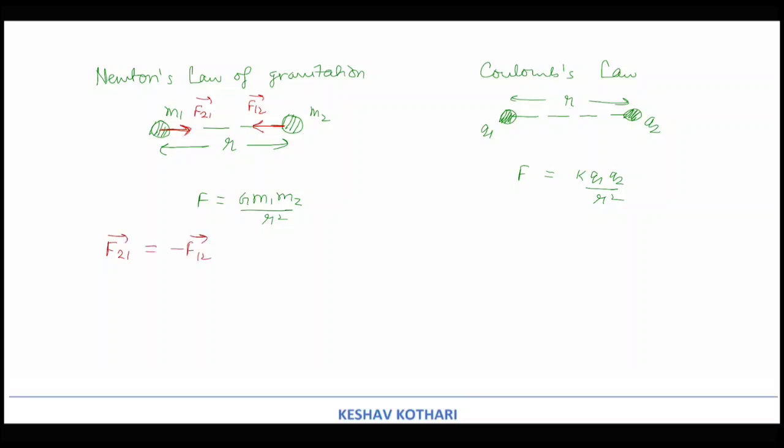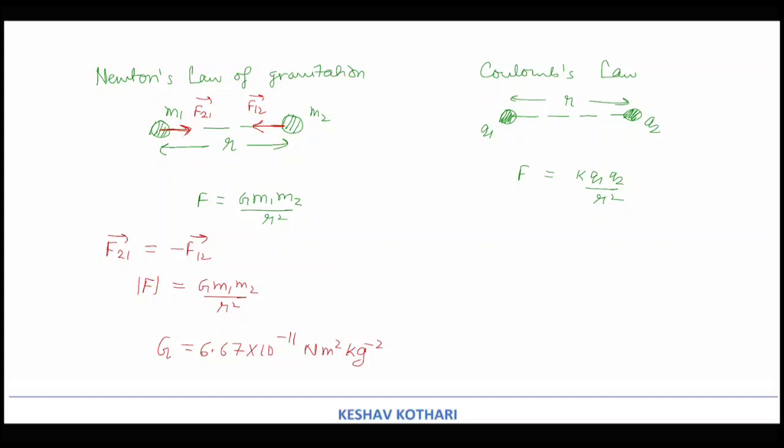The magnitude of both these forces is equal to G m1 m2 by r square. But this force is always attractive in nature. The two masses always attract each other, and the value of G is equal to 6.67 into 10 to the power minus 11, which is a very small constant in comparison to the Coulomb constant.